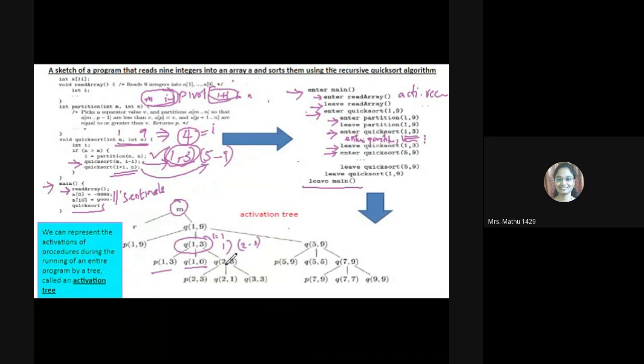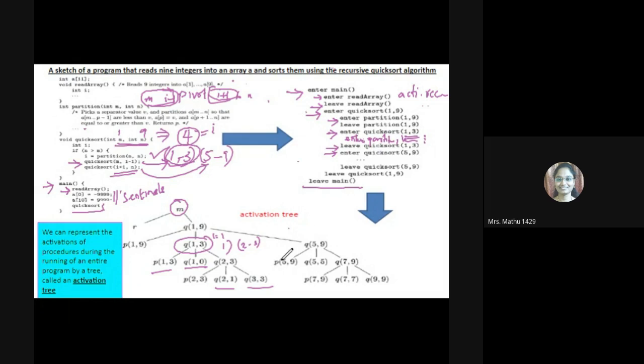Since it has only one element, it is already sorted. And from 2 to 3, again it calls partition, then quicksort, and quicksort of 3 comma 3. Similarly, from 5 to 9, again it calls partition, quicksort.